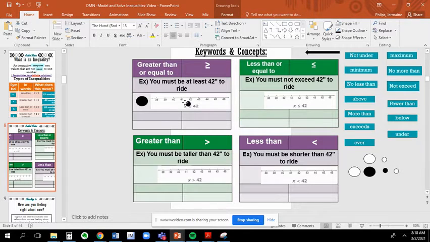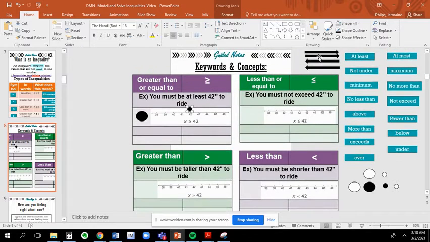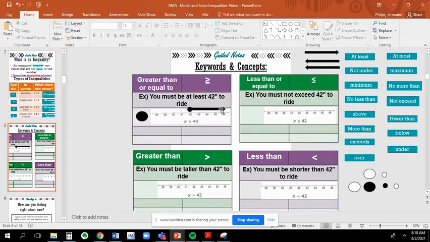So we're going to put our dot here for 42, and this is saying that x is greater than or equal to 42. So on our line, x is greater than, so it's above 42, and it's also equal to 42. Whenever it's greater than or equal to, or less than or equal to, the circle is going to be closed.